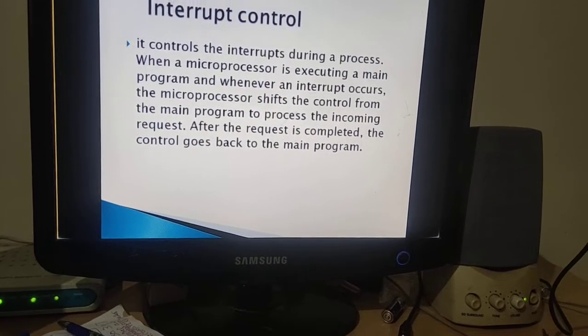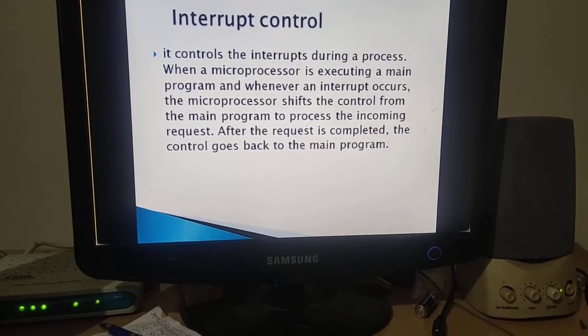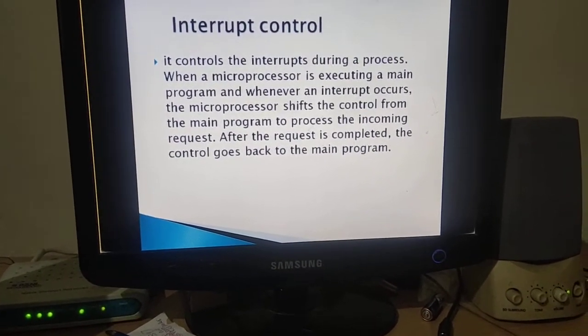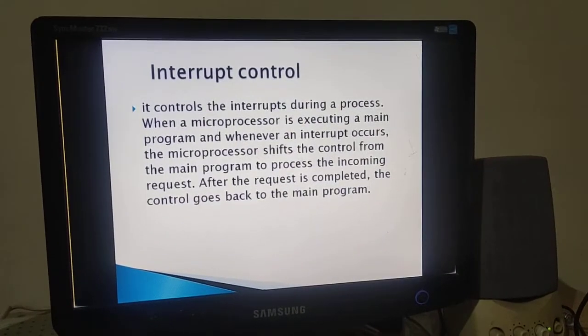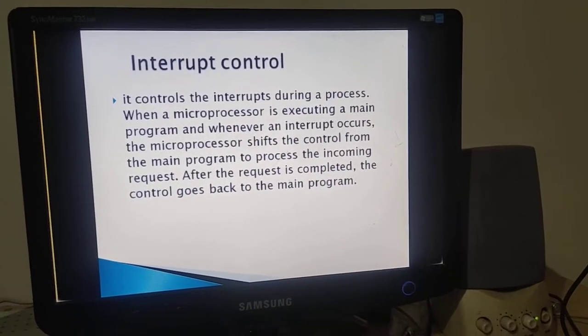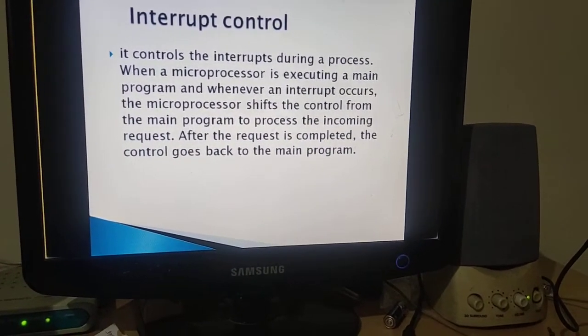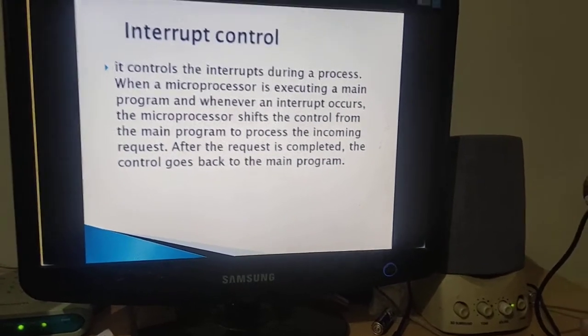For example, suppose you are using a system where you are going to print a paper, and the printer is connected to the system CPU. So we give a printer command. When we give a printer command, the printer asks the permission of the processor, or the CPU, for a printing operation, because it says that it is going to print the paper.